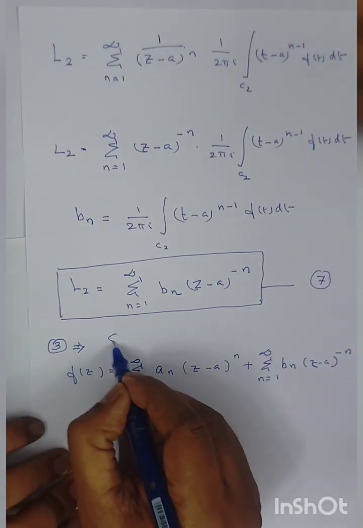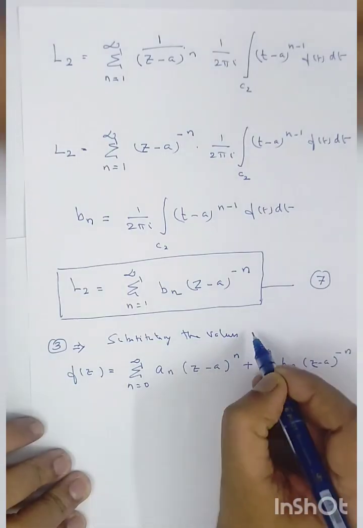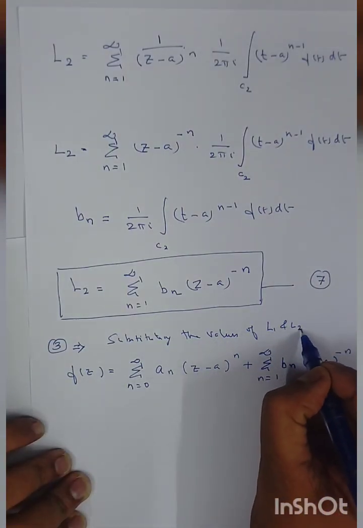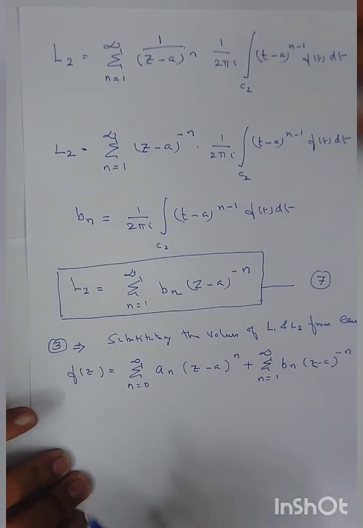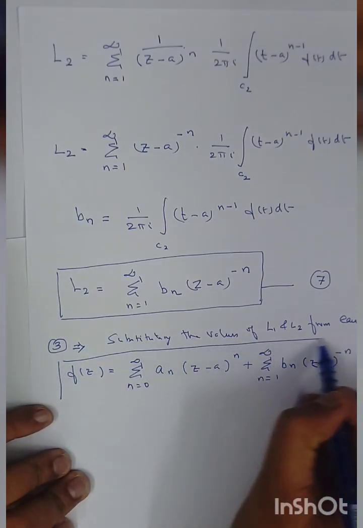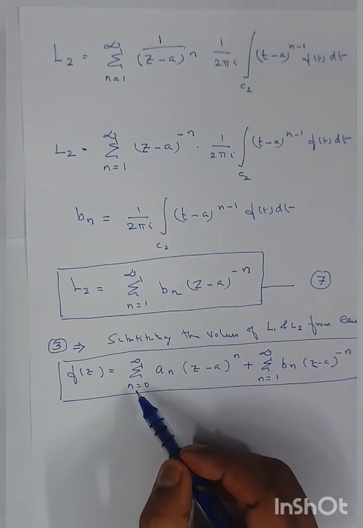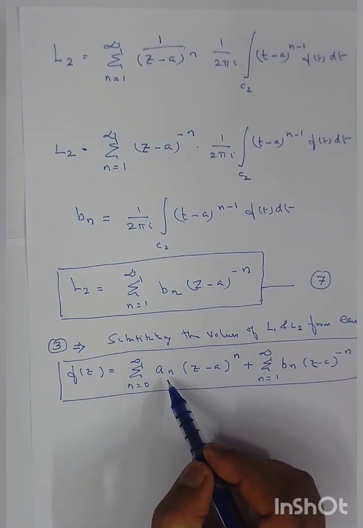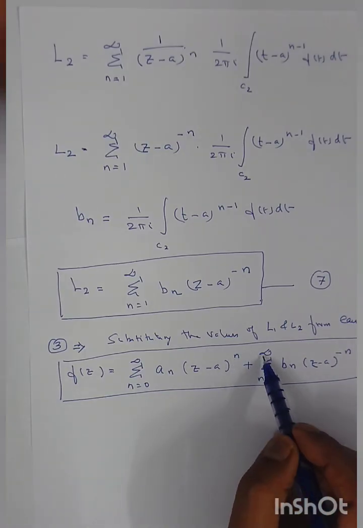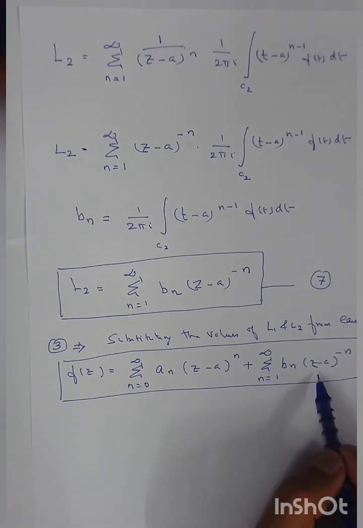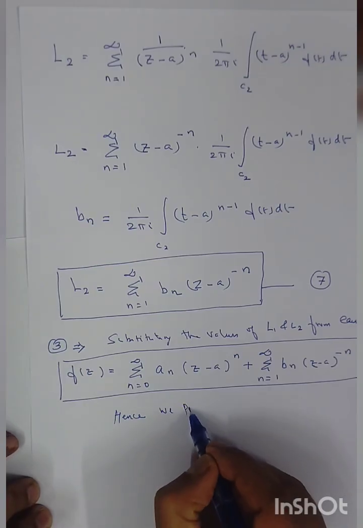So here what we are doing is substituting the values of L1 and L2 from equations 6 and 7. So we get the final result of Laurent's theorem: f of z is equal to the summation, n equal to 0 to infinity, of an (z minus a) the whole power n, plus the summation, n equal to 1 to infinity, of bn into (z minus a) the whole power minus n. So hence we proved Laurent's theorem.